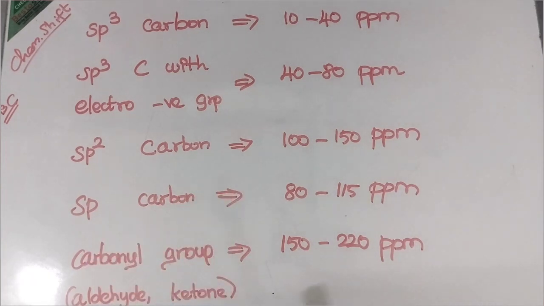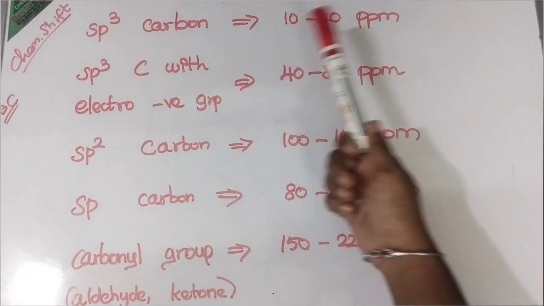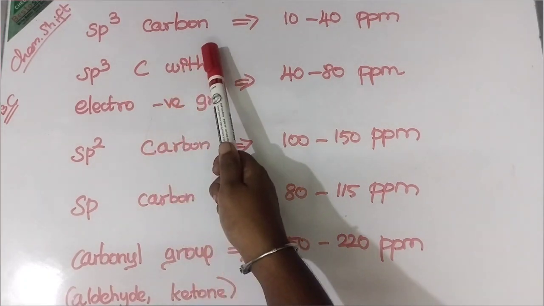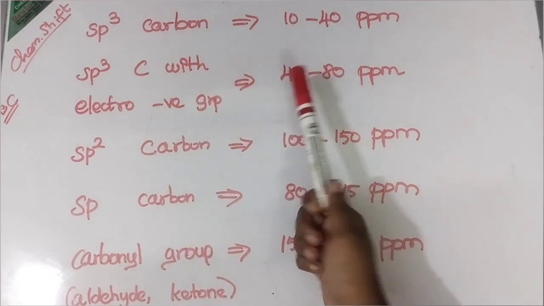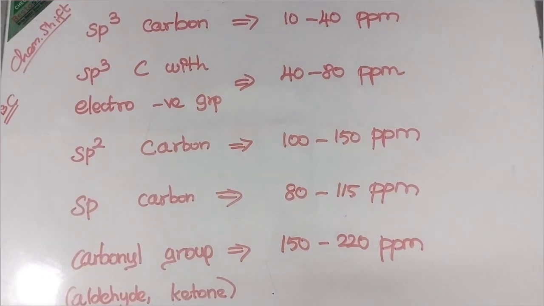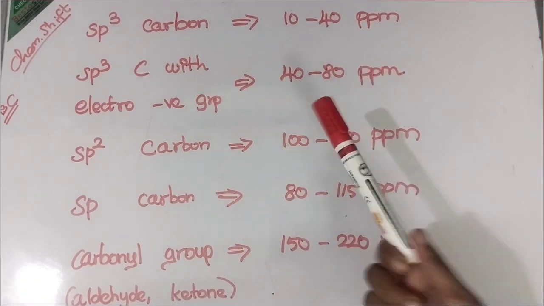The sp3 hybridized carbon has a value of 10 to 40 ppm. When no electronegative group is attached, and only the sp3 carbon is present, it will have a value of 10 to 40 ppm.